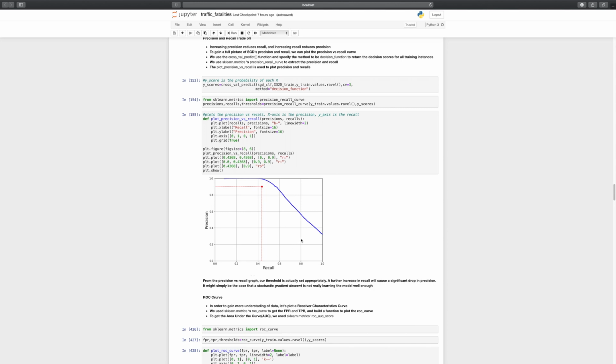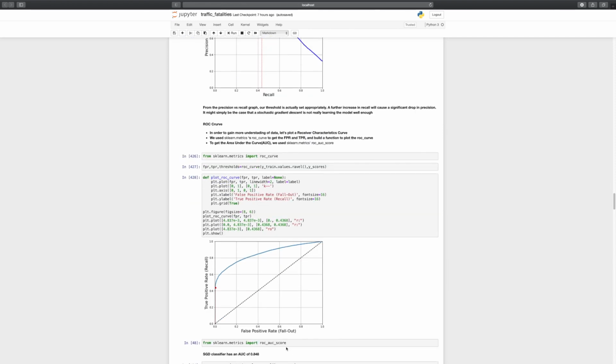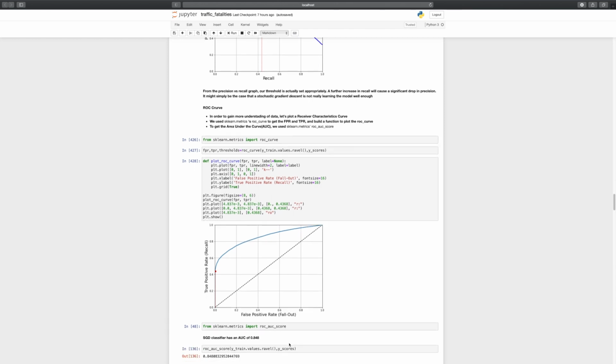And as the recall starts to increase, the precision will generally start to decrease. So we can't have the best of both worlds. We can only choose one here. So we need to balance these two. And that's why we need to use other metrics as well, such as the area under the curve, in order to see how well our classifier is able to distinguish between the two classes.